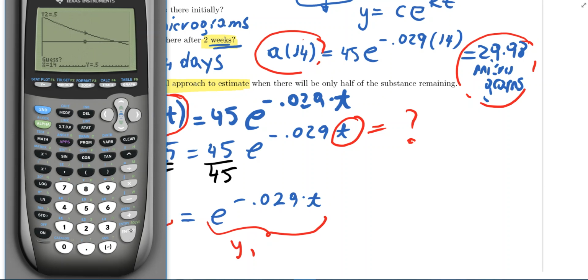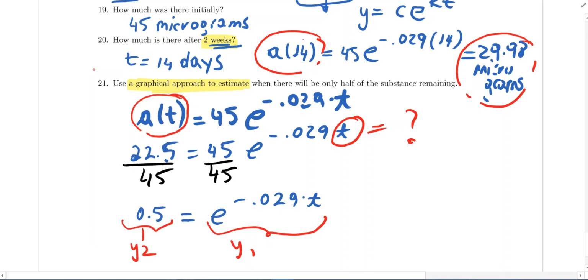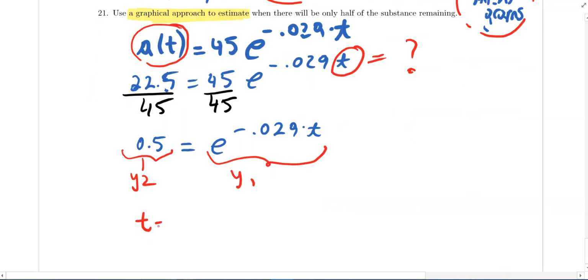And I press enter, and I press enter again, and that will give me that the intersection happens for x is 23.9. And remember, x is years. So when x is almost 24, the y is 0.5. So this tells me that t is 23.9. So t is 23.9 years.